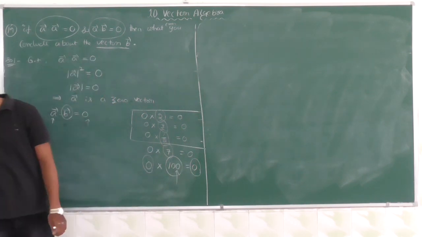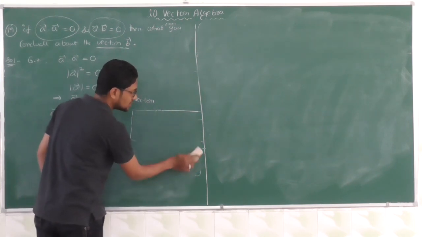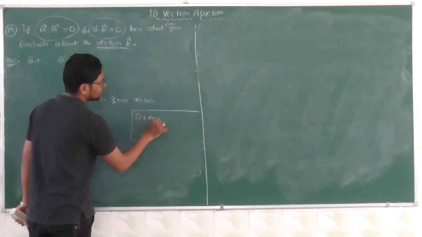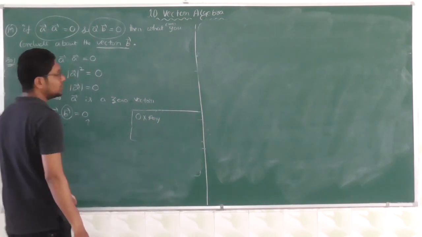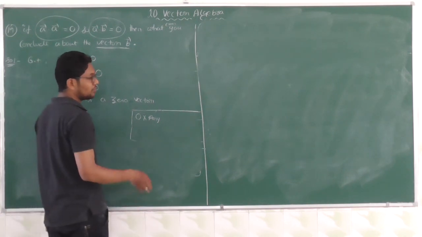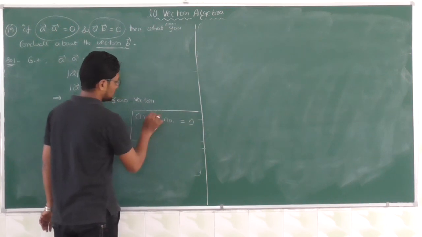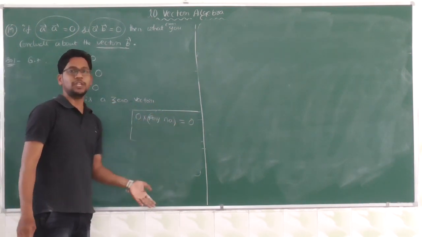Are you agree with that? 0 into any number, whether it is a rational number, irrational number, a real number, complex number, whatever it is, 0 into any number is 0. This we know in our numericals.